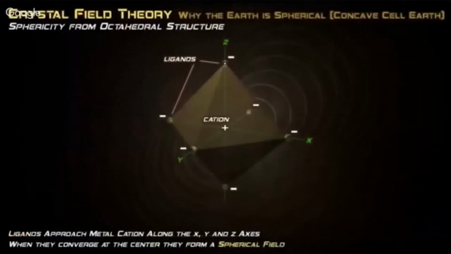So you have three cardinal axes, your X, your Y, and your Z, right? And you simply just attach the corners. They call them ligands. They're all negative on the corners. And there's a positive in the middle, cation.